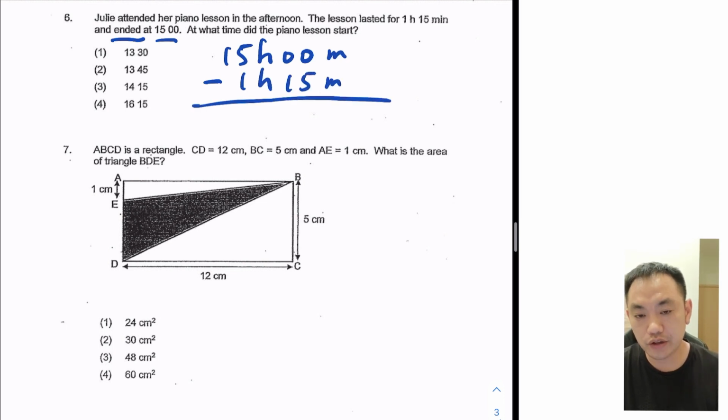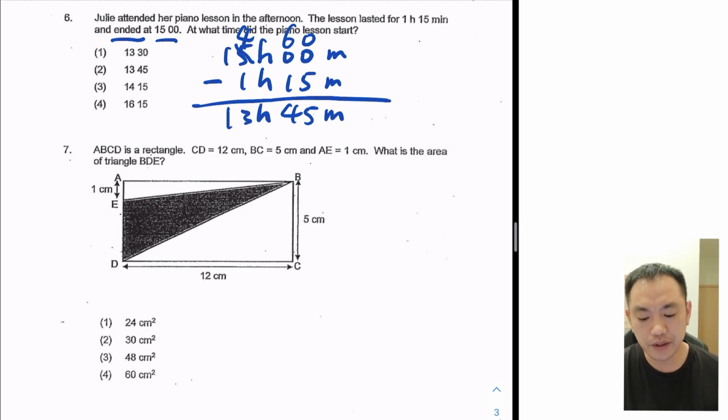So when you are doing the calculation of the time, remember for the minutes, 0 needs to minus 15, which is impossible, so you need to borrow some time. But this is different to the normal subtraction. When you are borrowing the time, remember, you need to borrow the whole hour, and then it will equal to 60 minutes. Okay, so 60 minus 15 equals 45, and then 14 hours minus 1, which is 13 hours.